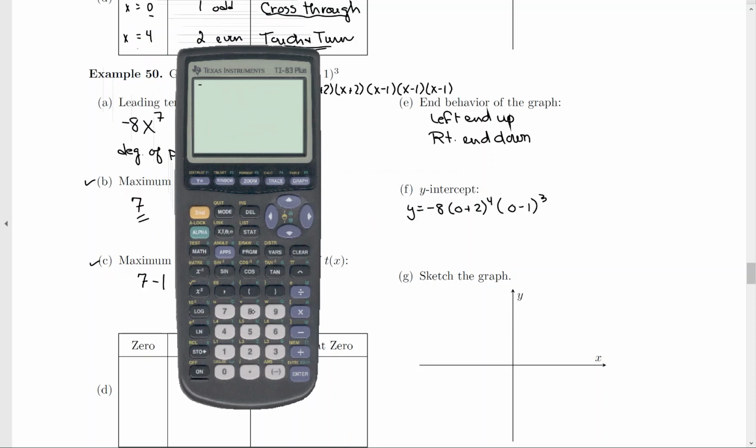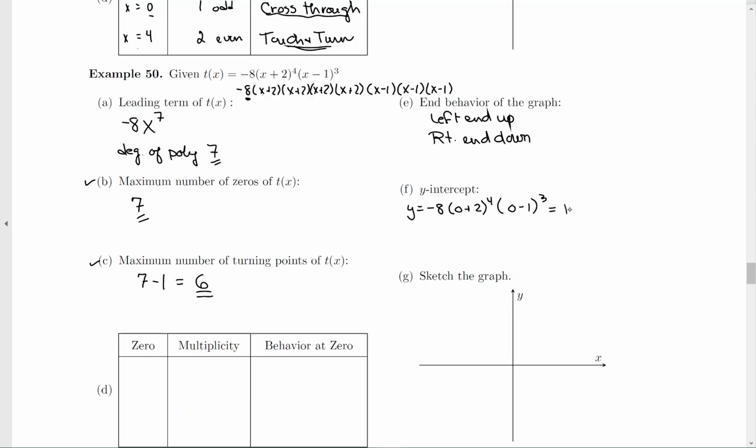So negative 8 times 0 plus 2 raised to the 4th, and then 0 minus 1 raised to the 3rd. I'm going to get 128. Or 0, 128 is my y-intercept. It's going to be way up here somewhere.